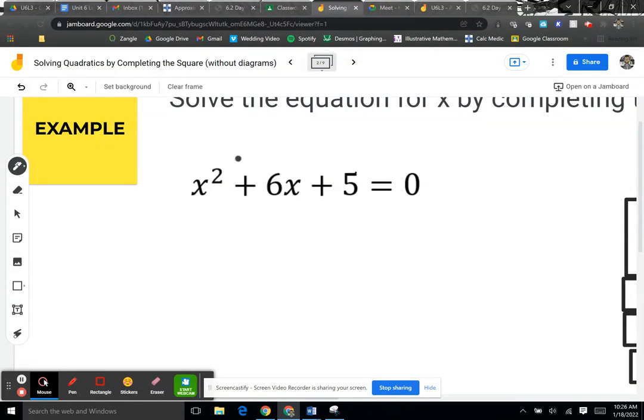This term is technically called b. If we were to think of a general quadratic, it's ax squared plus bx plus c. So we're looking at this term, it's called b. And we're taking that term b and we're dividing it by 2. So 6 divided by 2, which we can see over there is 3. Broke it into 3.